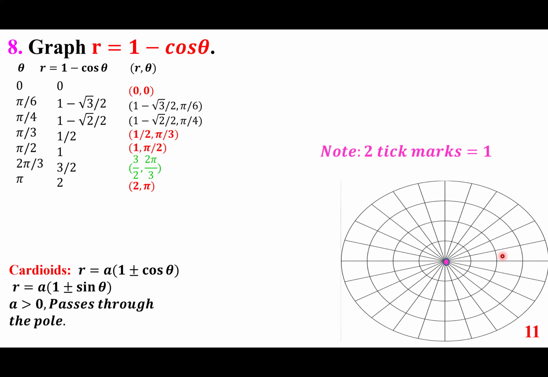1 half, pi over 3. So find pi over 3 and go 1 half.